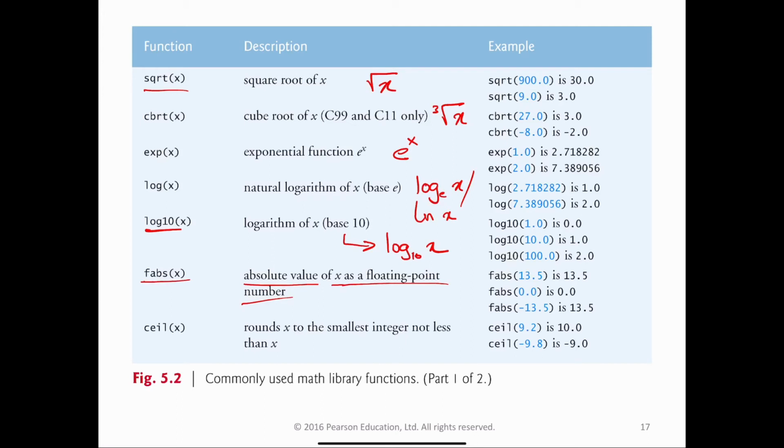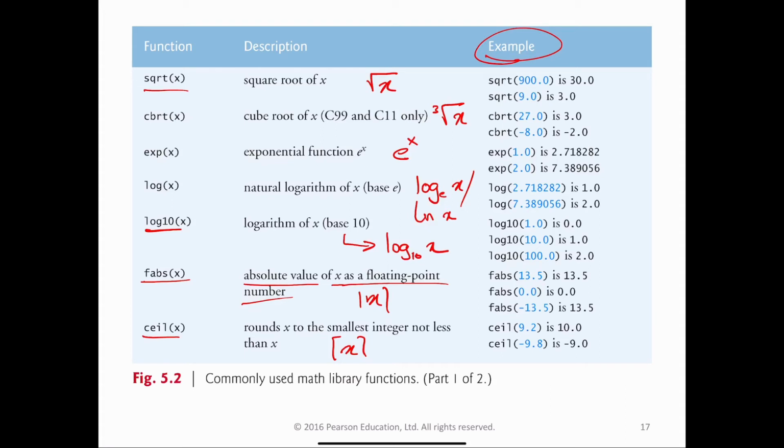To get the absolute value of x if x is a floating point number, we have fabs, floating point absolute. To get the ceiling, the next largest integer value of x, we have the ceil function over here, and in this last column you see a bunch of examples.